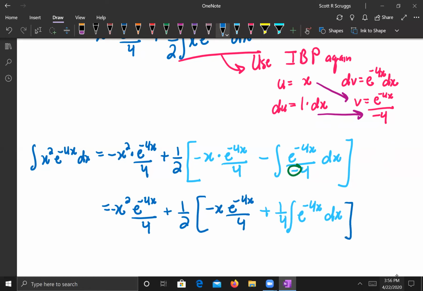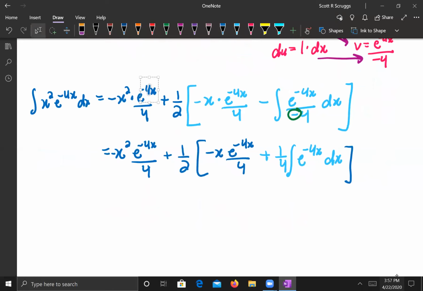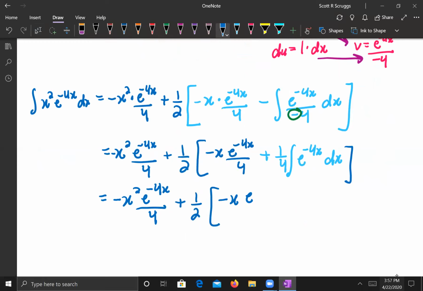We're taking that integral antiderivative multiple times, so we know that its antiderivative is e to the negative 4x over 4. So I'm going to use that now to give me that my integral equals negative x squared times e to the negative 4x over 4 plus 1/2 times the bracket of negative x e to the negative 4x over 4 plus 1/4 times e to the negative 4x over negative 4.